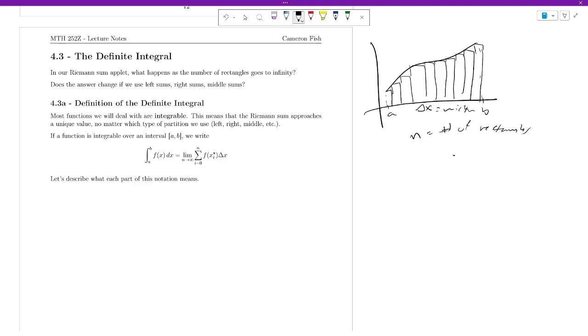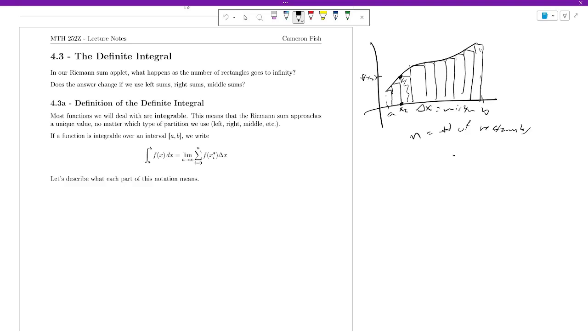Each rectangle has a height, which is given by the function value. So if I'm doing a left Riemann sum, then this would be the height of that rectangle. If I called this position x2 or something, then the height here would be f of x2.